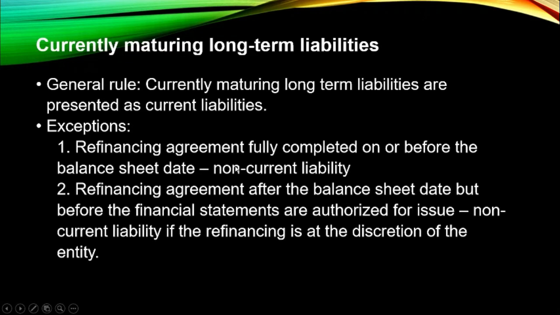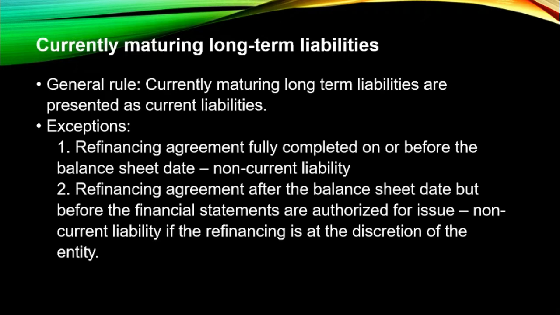Currently maturing long-term liabilities. So these are long-term liabilities, but they could mature within the current operation. As a general rule, currently maturing long-term liabilities are presented as current liability, except when a refinancing agreement is fully completed on or before the balance sheet date. And then these are non-current liability.